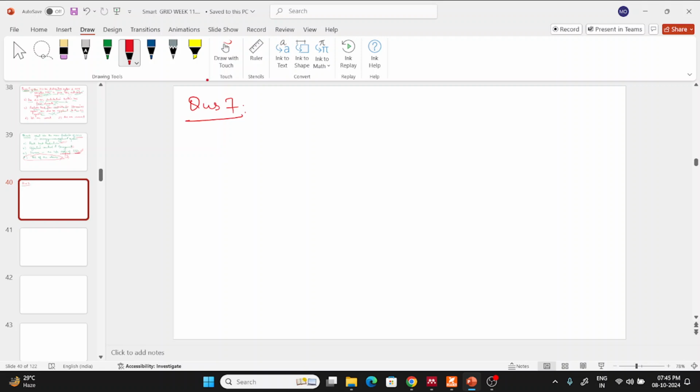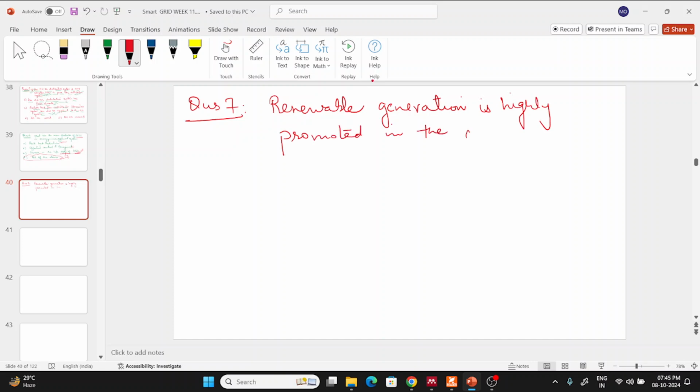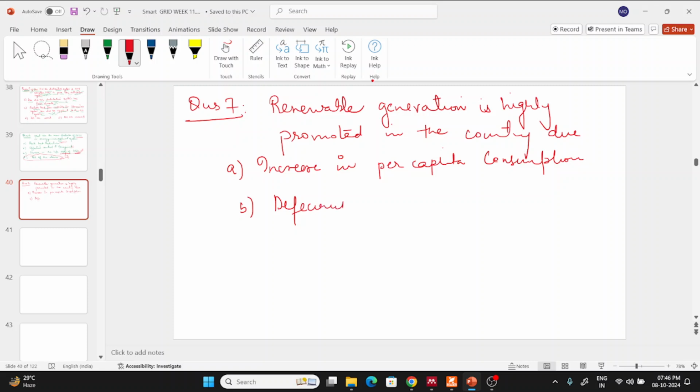Question number 7. Renewable generation is highly promoted in the country due to A, increase in per capita consumption, B. Deficiency of fossil fuels.